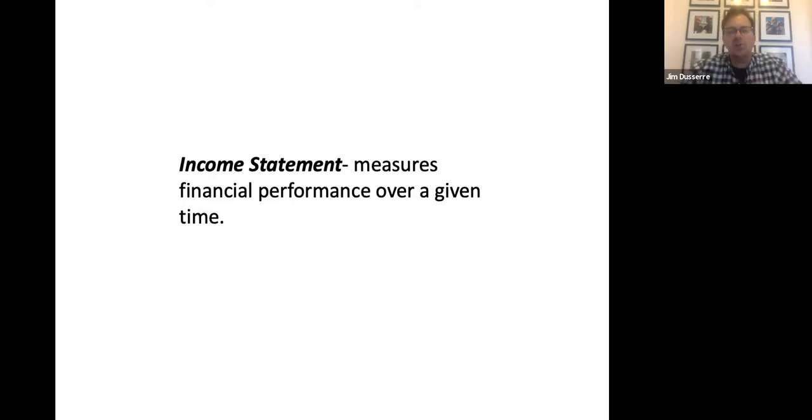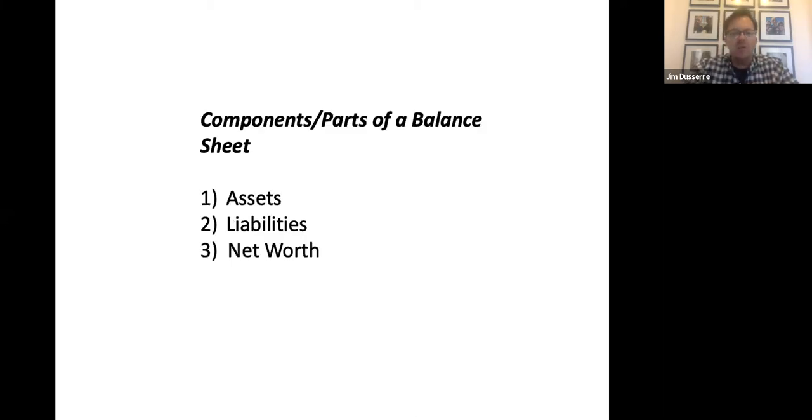But an income statement measures financial performance over a given time, as opposed to a balance sheet, which is that moment where you sit at that specific time in history.